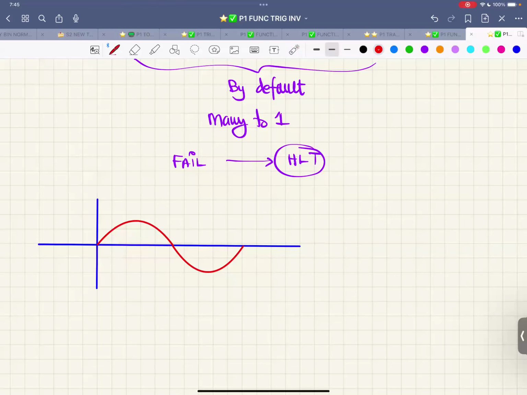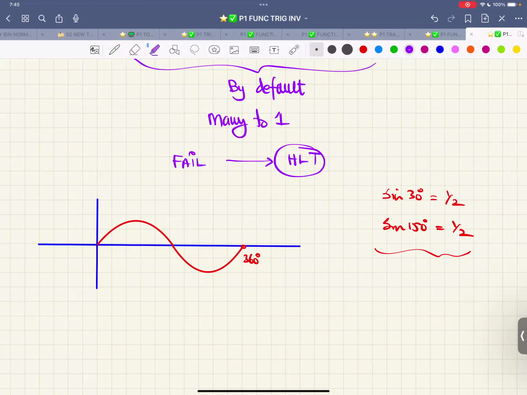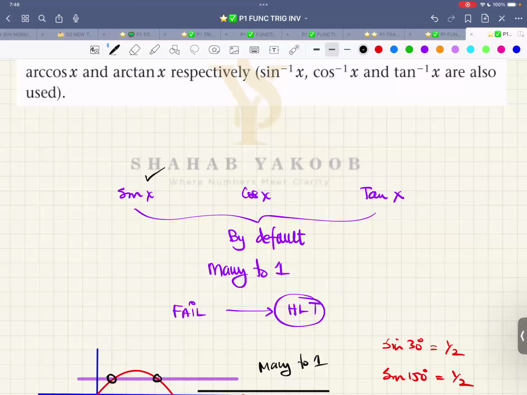So two values of x: sine of 30 degrees is 0.5, and sine of 150 degrees is also 0.5. This is just for x between 0 and 360 degrees, and this keeps on going. So it fails the horizontal line test. It's intersecting at 2 points. It's a many-to-one function. And the same goes for cosine and tangent.